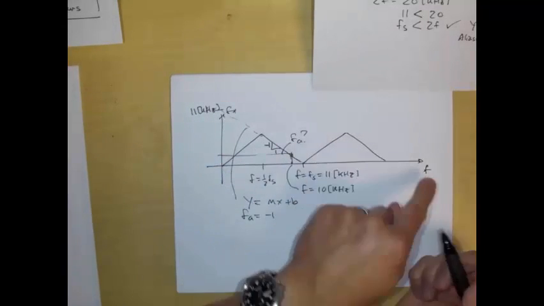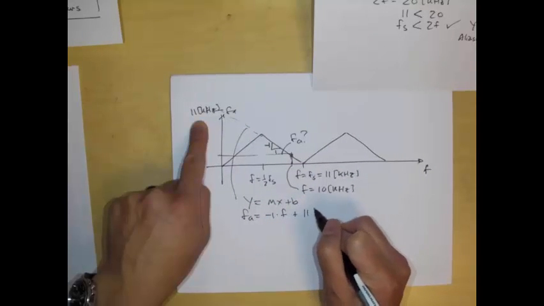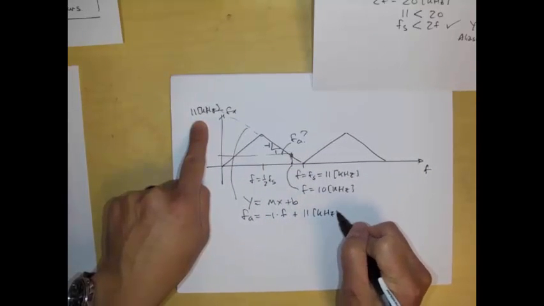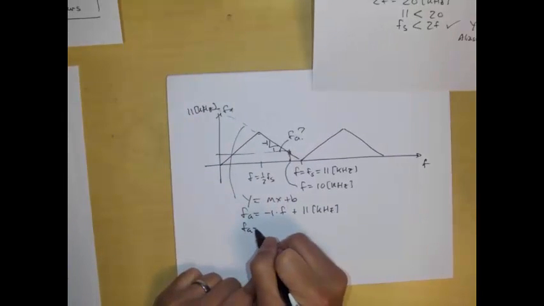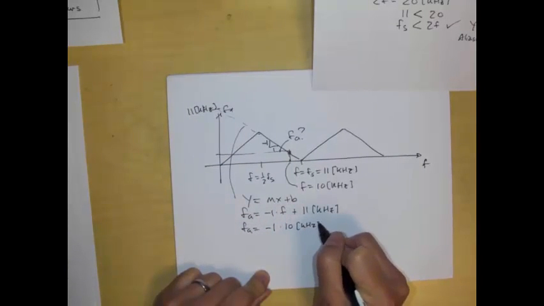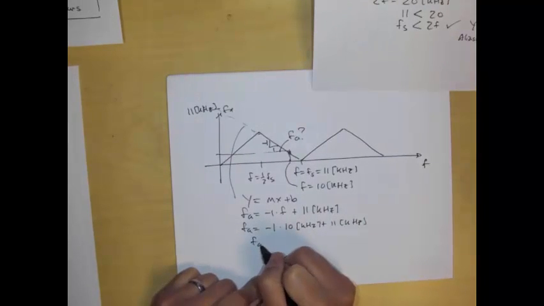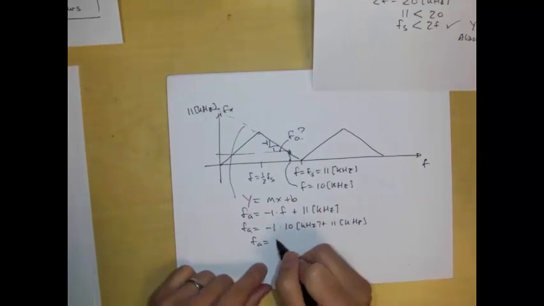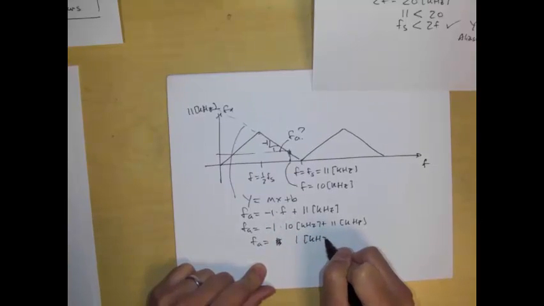The x-axis is F plus b, which is now 11 kilohertz. And I'll just plug in my point, 10. So FA equals -1 times 10 kilohertz plus 11 kilohertz. So FA equals -10 plus 11, that's 1 kilohertz.